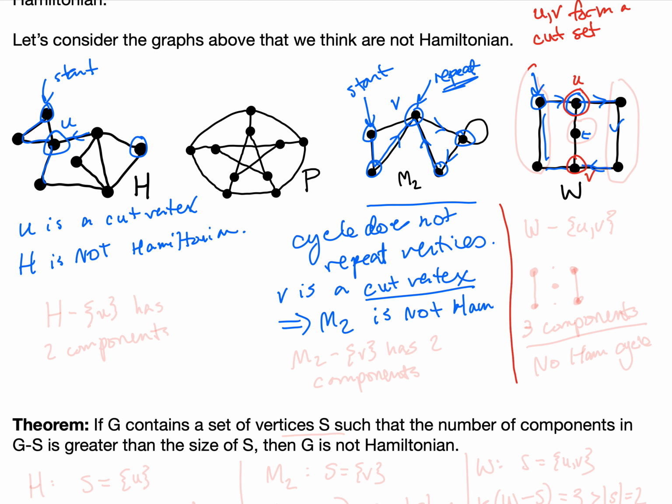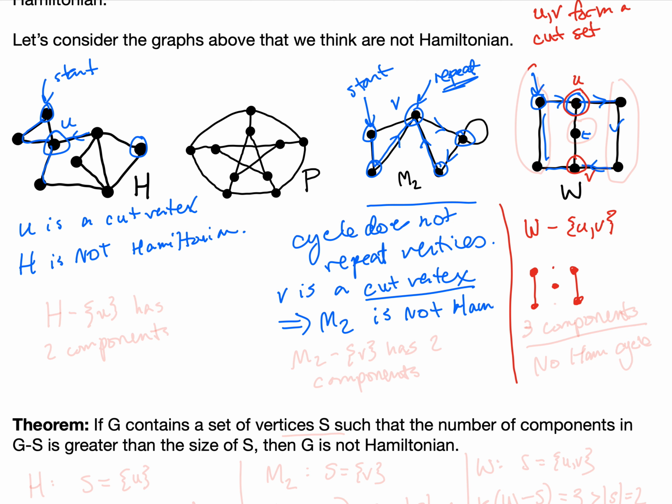So what we mean by that is if we consider the graph W minus the vertices U and V, so if we remove those two vertices, then we know that an edge can't exist unless it has two vertices incident with it. So the graph W minus the vertices U and V would just be that we have these two vertices on the side, we have this vertex in the middle, and we would have these other two vertices on the side.